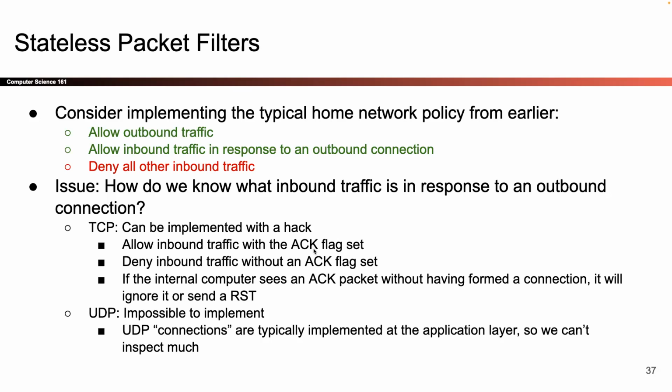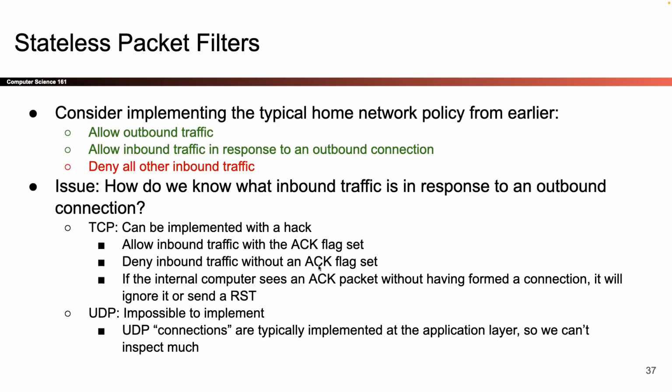Well, I remember that if I'm replying to something, there's probably an ACK flag set. So if I see the ACK flag set on a TCP packet, I'm just going to look at this packet all by itself. It has the ACK flag set. So I'm going to say this packet is probably good. The ACK flag is set. It's probably in response to something else. That's one possible kind of hacky way to implement this policy.